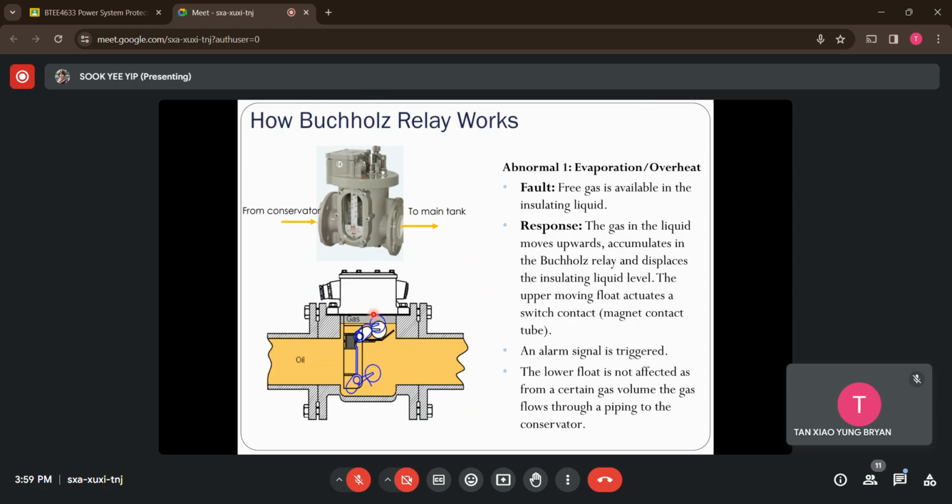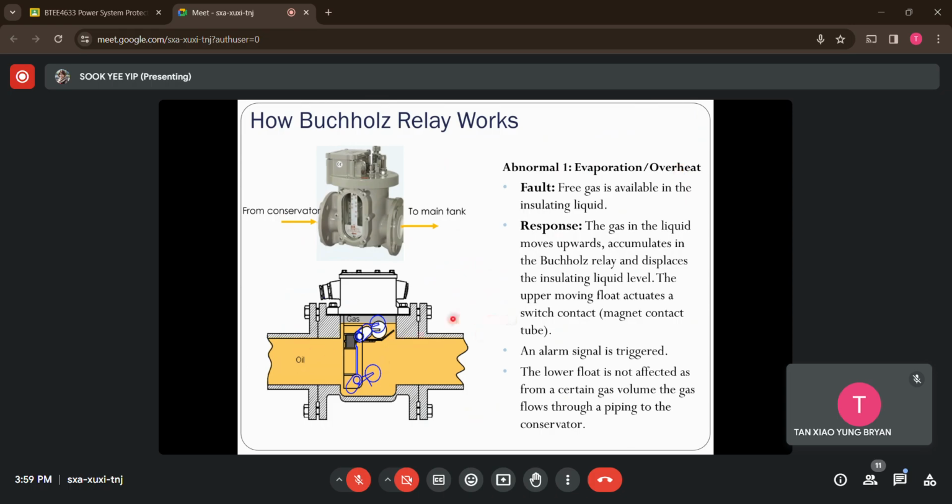So what happens under normal conditions? Under normal conditions, these two switches will remain tilted, which means off. They don't turn on. What happens if we have an abnormal situation? For example, we have evaporation of the oil, or maybe overheating conditions due to a large current flowing through the transformer's windings. Under this situation, if high heat is generated, it will cause the oil to decompose into gas.